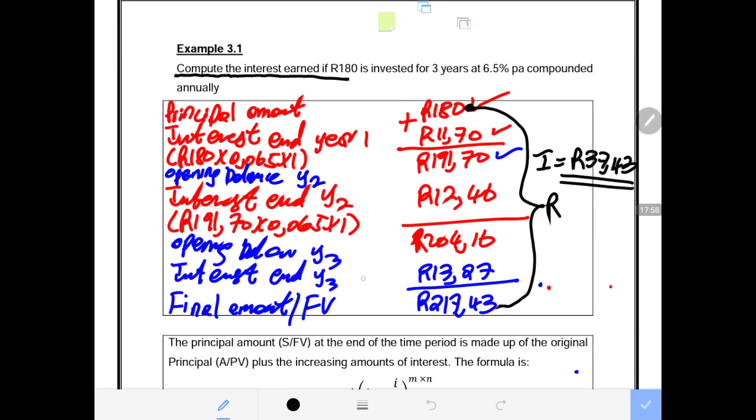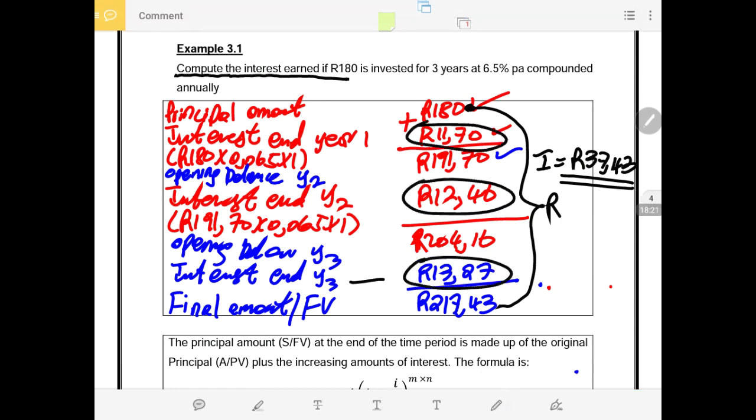You can be required to calculate interest only for year 3, or only for year 2, or only for year 1. But in this case, we just calculated the total interest for the 3 years in which this investment was invested. So this is how you will be dealing with this.